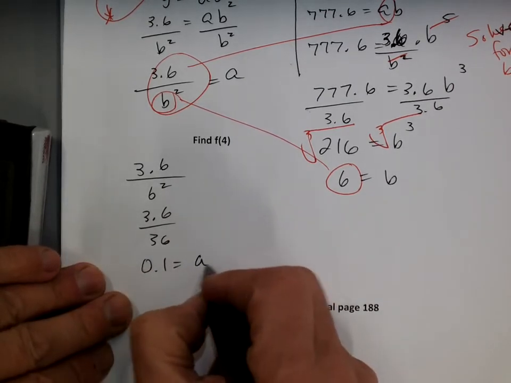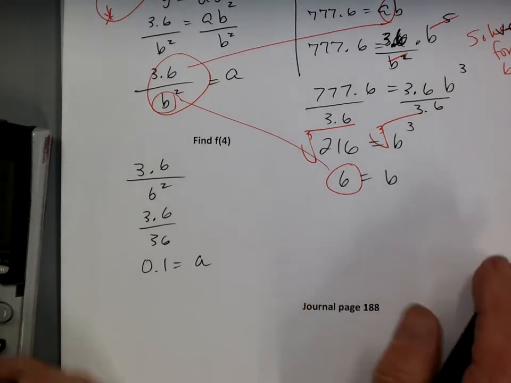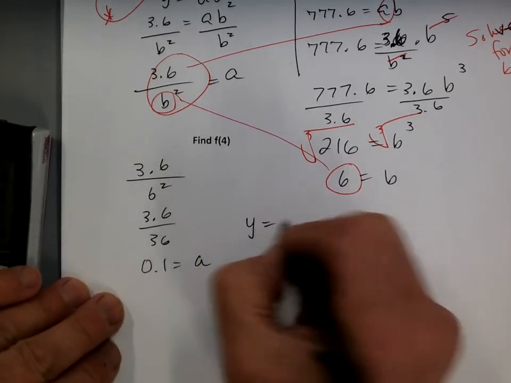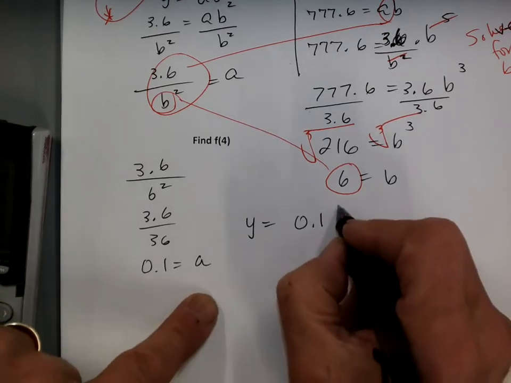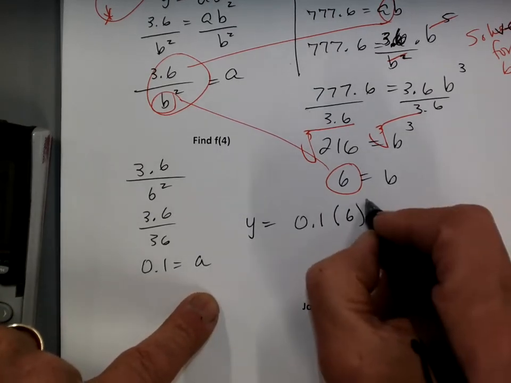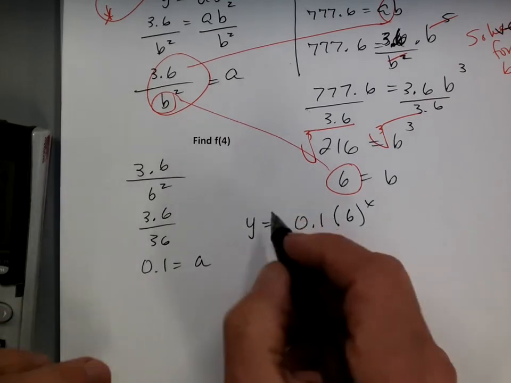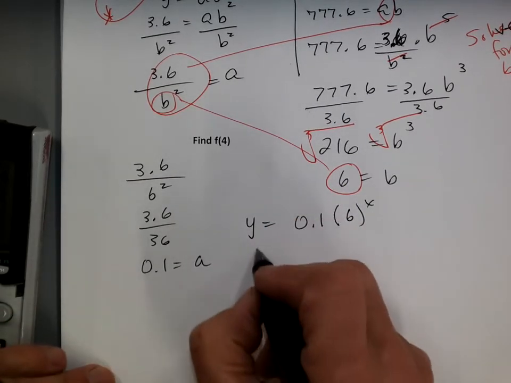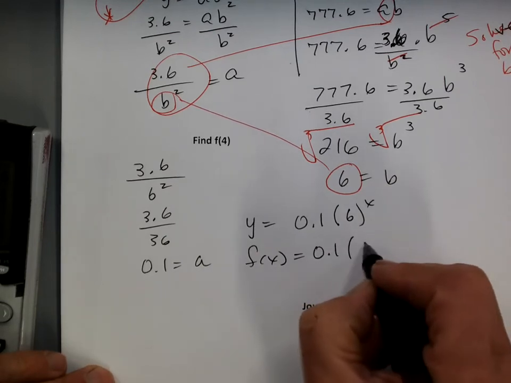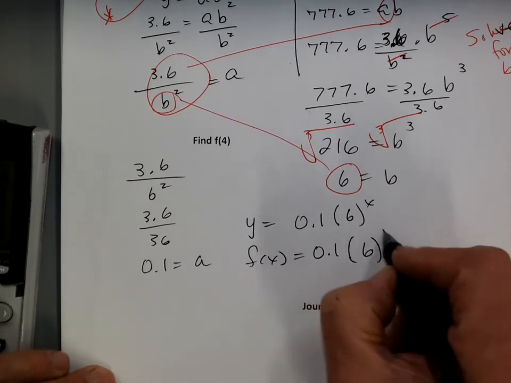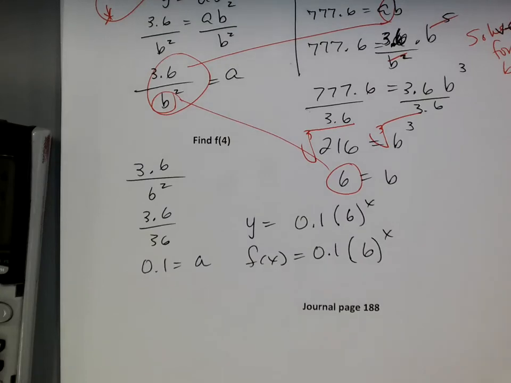And that's the value of a. Okay, so here's my equation. I've got y equals a, which is 0.1, times b, which is 6, to the x power, okay, or f of x. Either way, right? All right, that's my function. Okay, good. I found my function.